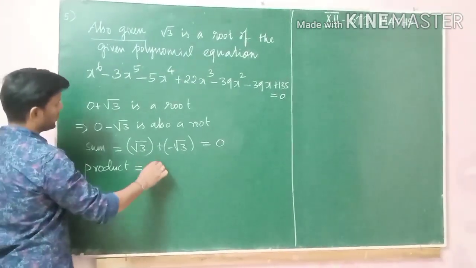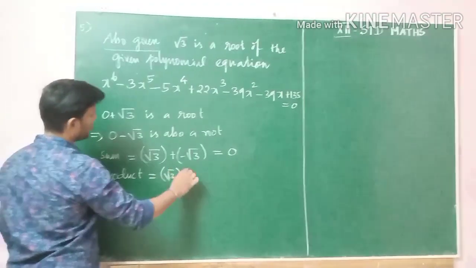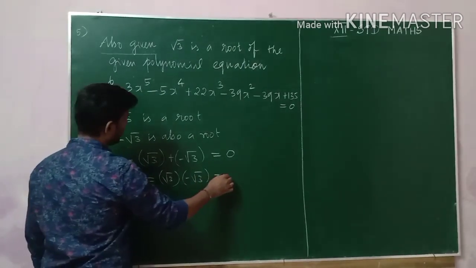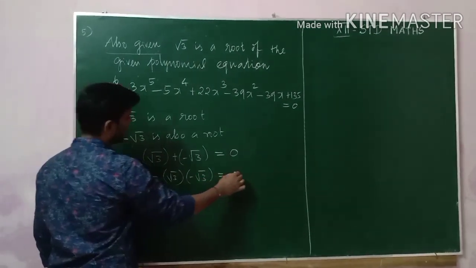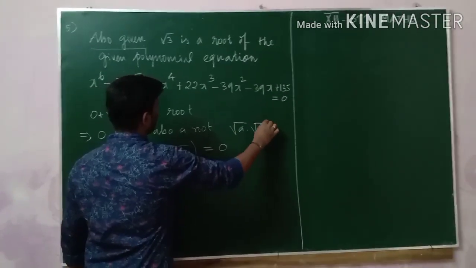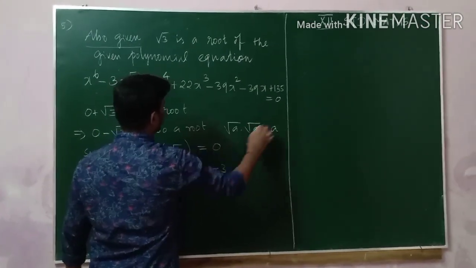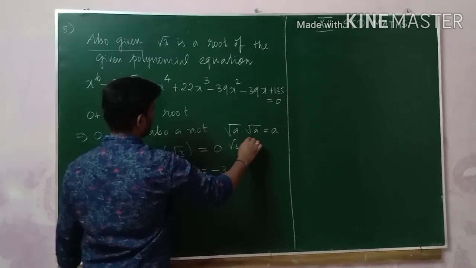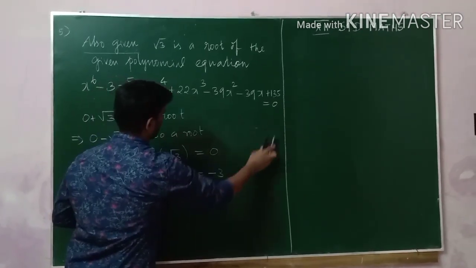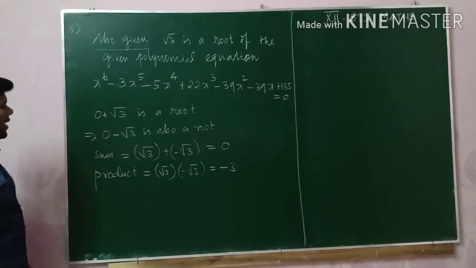And product: square root of 3 into minus square root of 3, plus into minus, minus square root of 3 into square root of 3. So we know that square root of a into square root of a is equal to a. Likewise square root of 3 into square root of 3 equal to 3. So product is minus 3.